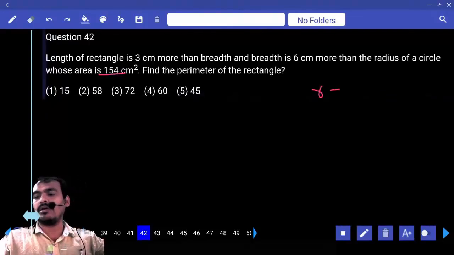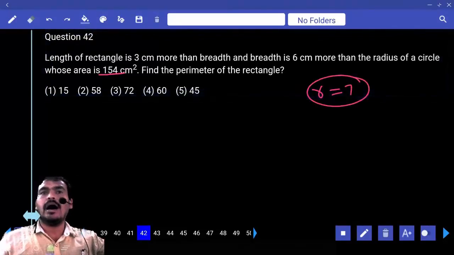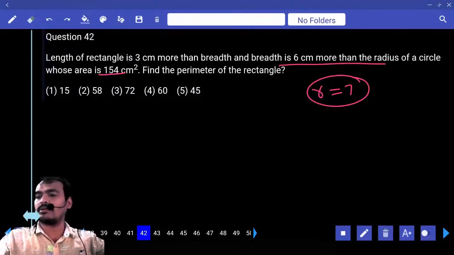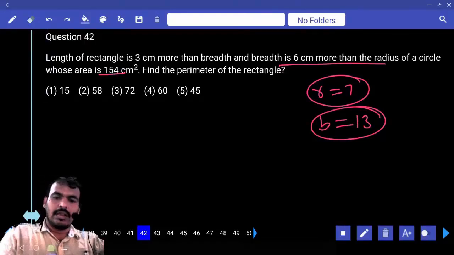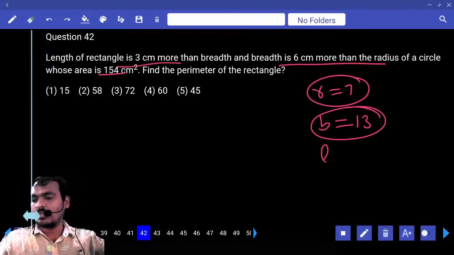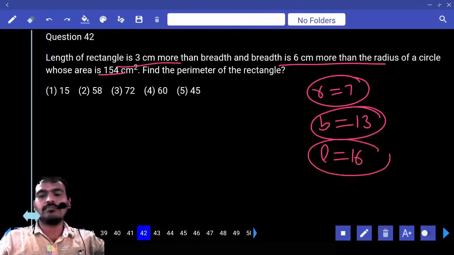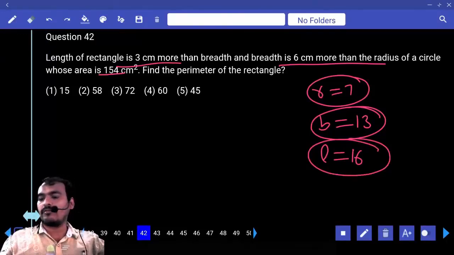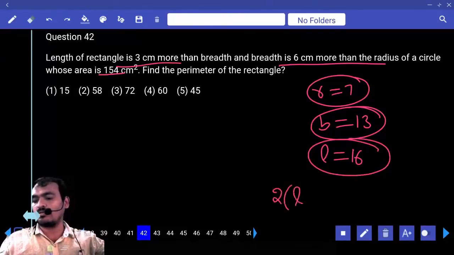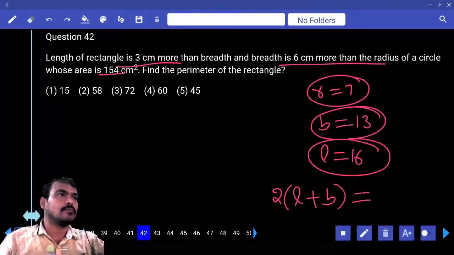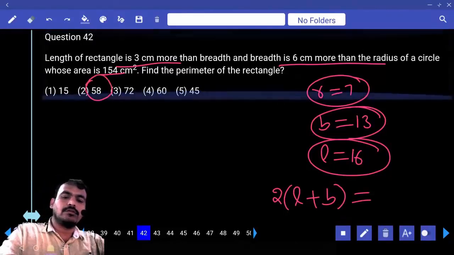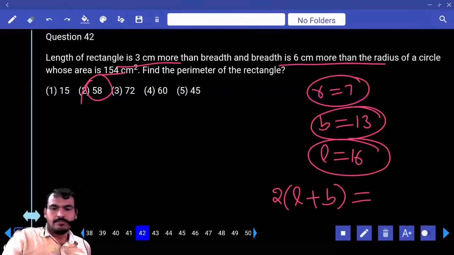That means r must be 7. If r is 7, the breadth of the rectangle is 13. If the breadth is 13, the length of the rectangle is 16. But we require the perimeter of the rectangle, which is 2 of L plus B. 16 plus 13, 29 into 2, 58. Which option? Second one.